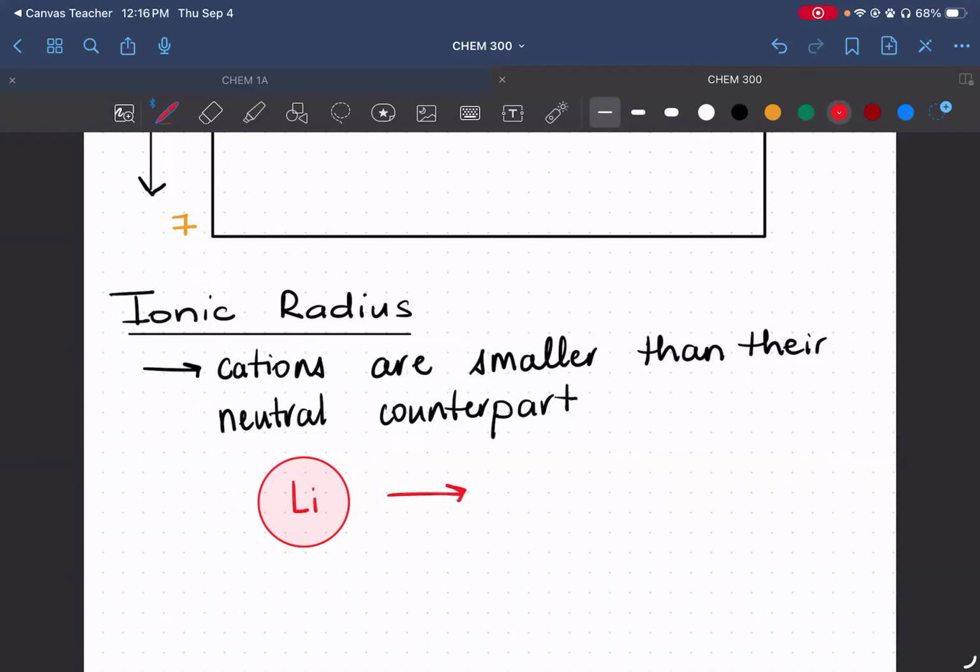Lithium is in group 1. So it will lose 1 electron. The result will be a cation, Li+, and it will be slightly smaller than the original shell. Shown here, just with scale.